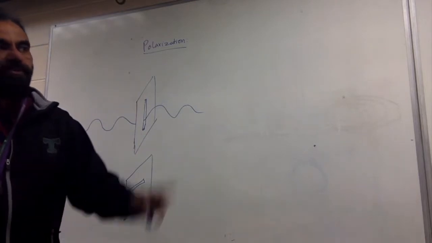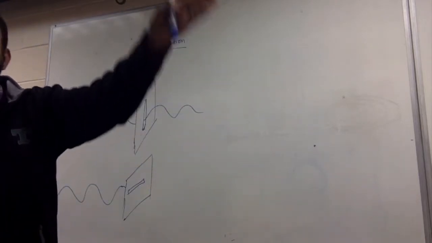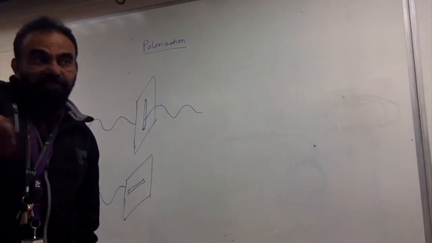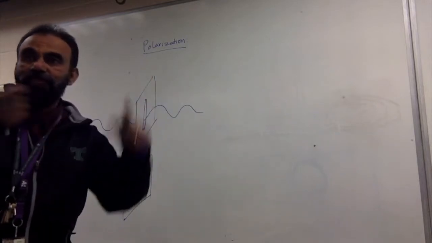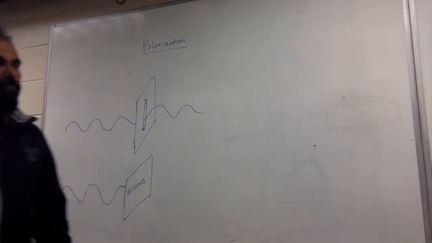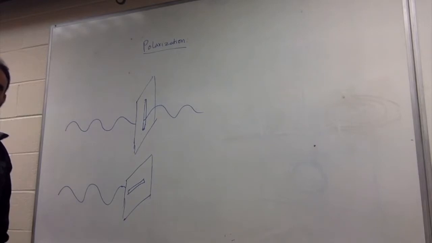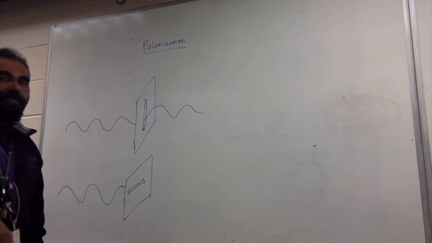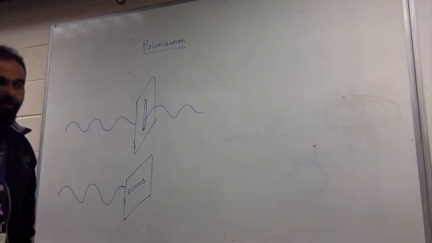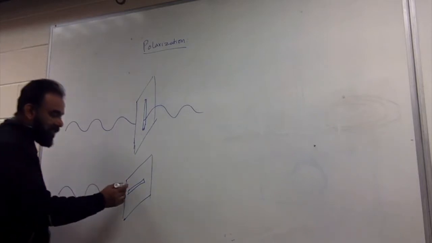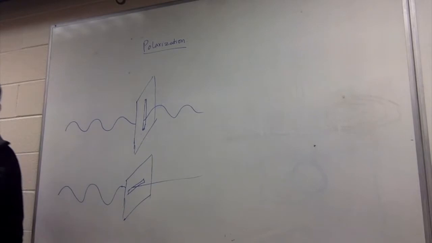Because the slot is vertical, if I take the rope and go sideways, will these waves go through? They won't. Because the door has the freedom to let the vertical transverse waves go through, but not the horizontal. So if I send horizontal waves into it, they won't pass through. So these are going to be blocked.